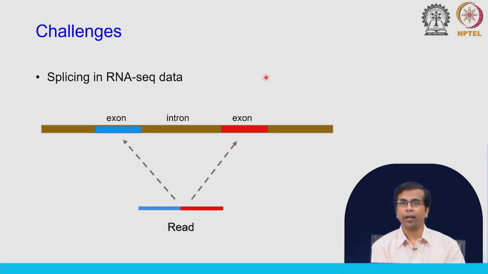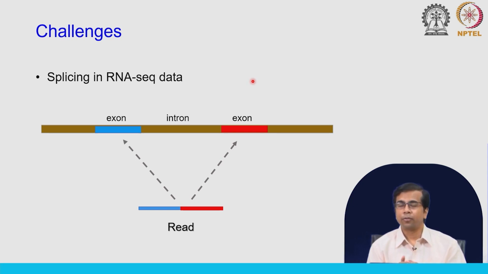When you have these splicing events, you have these exons that join together and cut out the intron in between. Okay. So, when you generate reads, it will just give you the exon sequences, it will not give you the intron sequences, because this sequencing is done on RNA, from RNA to cDNA, and then that is sequenced. So, you will get these exon sequences only, not intron sequences.